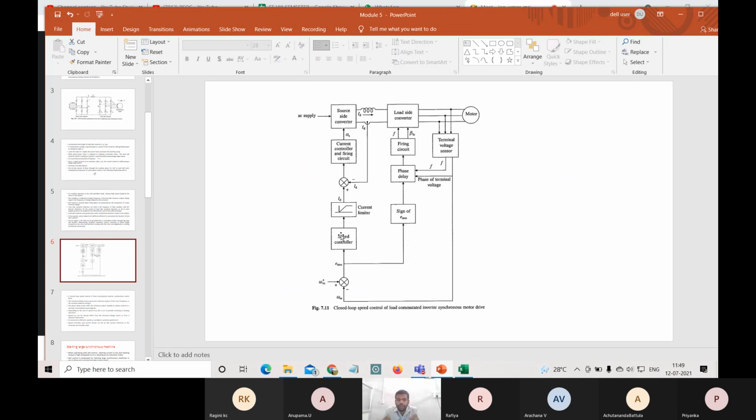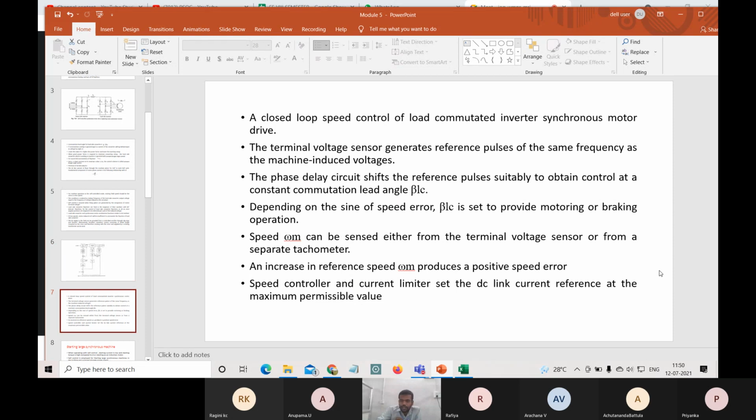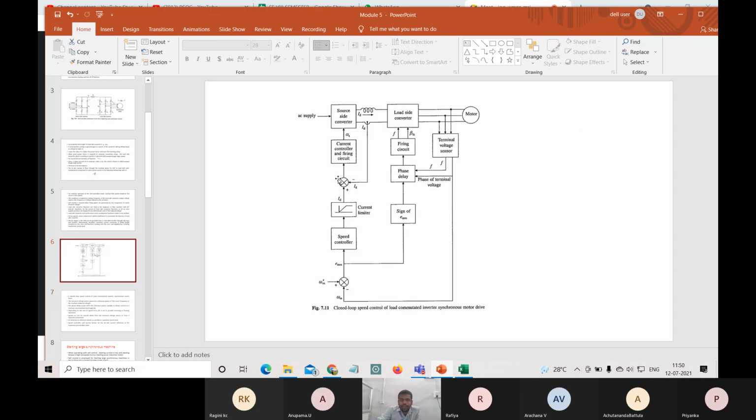This is how the inner current control loop and the outer speed control loop work. The speed controller and current limiter set the DC link current reference at the maximum permissible values. So this is the working and operation of our closed loop models.